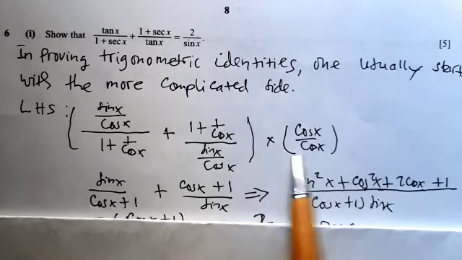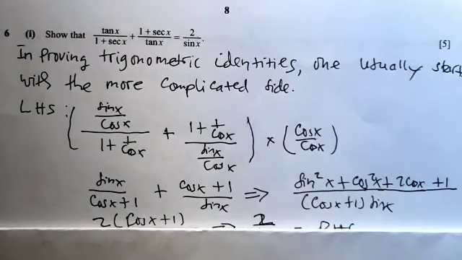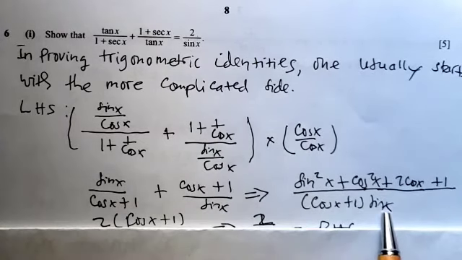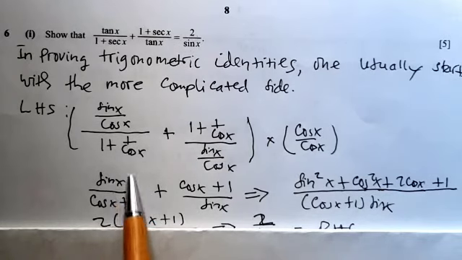Then add the two fractions, and the denominator will be (cos x + 1) times sin x. This means the first term is multiplied by sin, and so is its numerator.